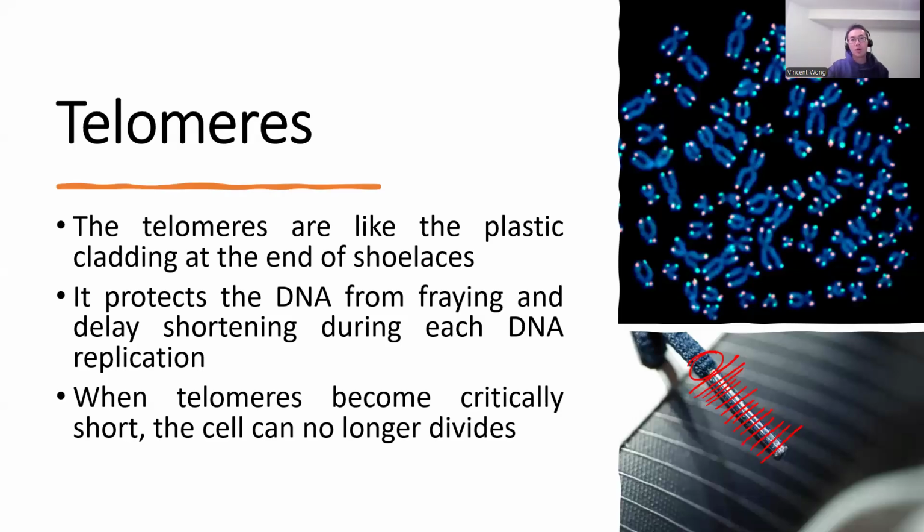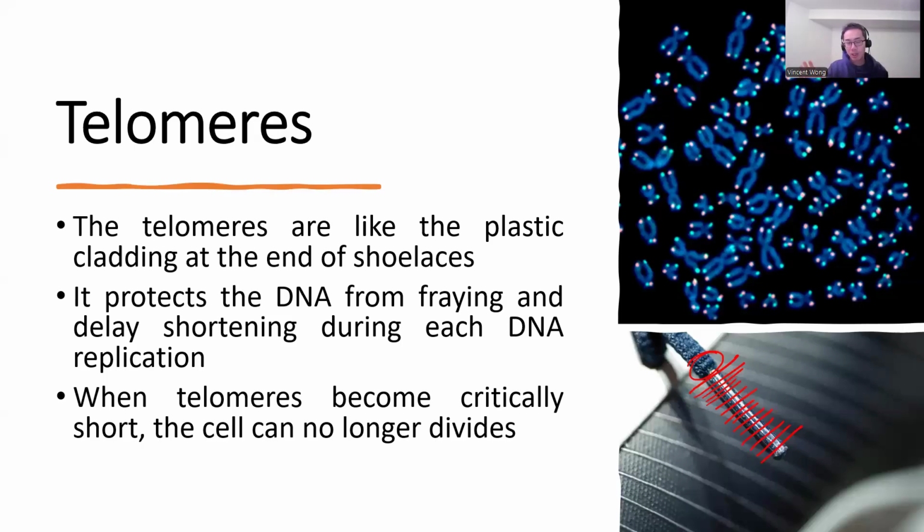Right? So after a cell goes through like 30, 40 rounds of division, the telomeres are going to be too short now. That's a signal that would prevent the cell from doing another round of division. Because if we go through another round of division, it means we have to copy the DNA one more time, and we are going to run out of telomeres. We're going to actually lose actual DNA.